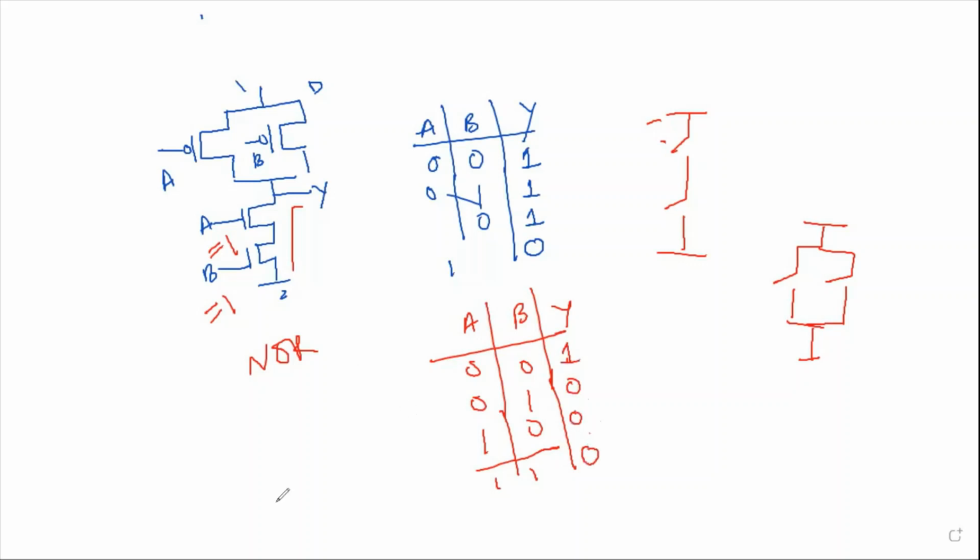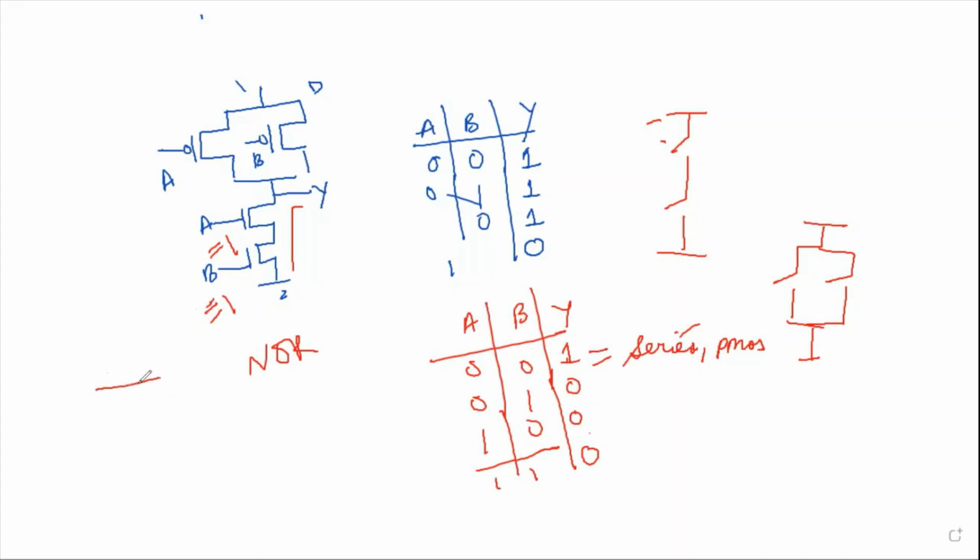Now it says that when both the inputs are 0, the output is going to be 1. So both inputs 0 means it should be a series connection. Now for input 0 and output 1, what do I need? Output 1 is going to come from VDD, which is connected through PMOS. So this means my PMOS has to be in series in the case of NOR.